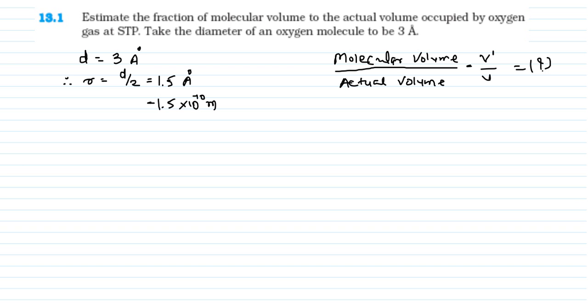Let's find. So, I can say its actual volume at STP, the actual volume of gas, is V, that is 22.4 liter.